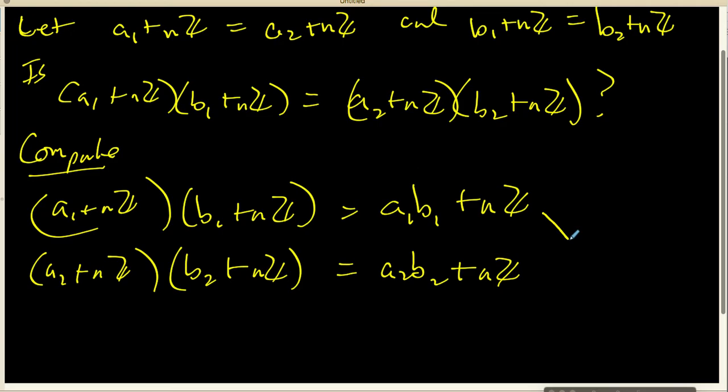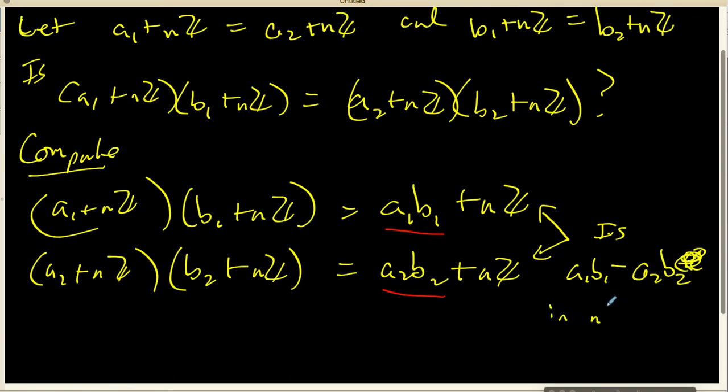And these two things are going to be equal if and only if the subtraction of this representative minus that representative belongs to the subring. So what we want to do is figure out whether or not these things are equal by looking at, is A1 B1 minus A2 B2 inside nZ? If the answer is yes, then these two sets are equal.